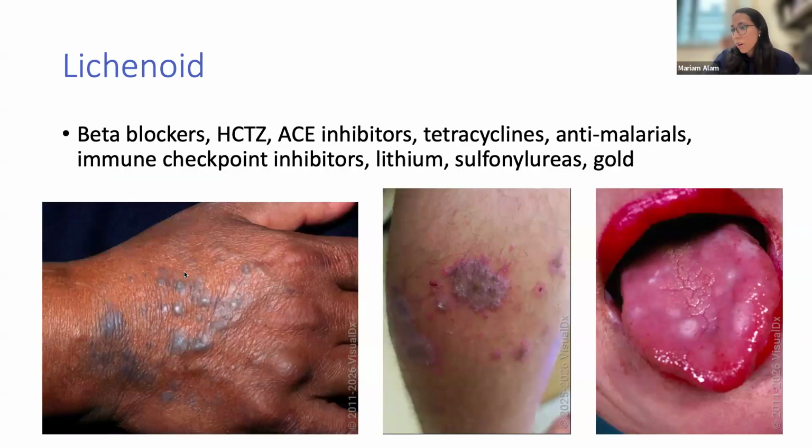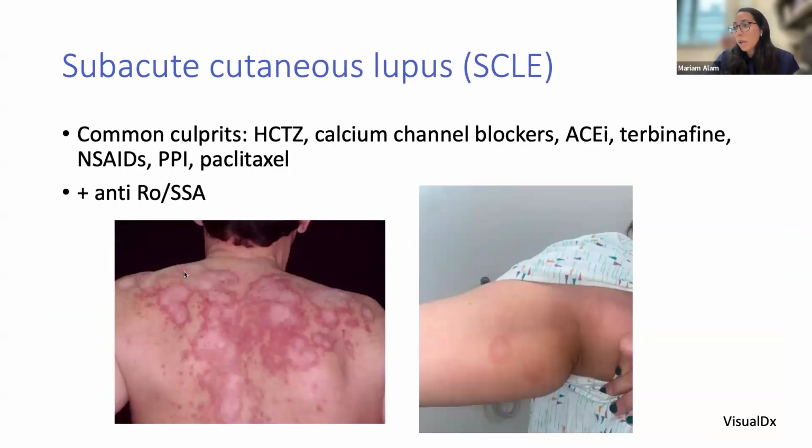This is an example of lichenoid drug reactions. Beta blockers, hydrochlorothiazide, and ACE inhibitors are the main ones I think of here. You can get both oral or mucosal involvement, like lichen planus, or more cutaneous involvement. Subacute lupus has these ring-like scaly plaques. This is a patient I saw a few weeks ago who had SCLE, and this can be caused by hydrochlorothiazide, calcium channel blockers, ACE inhibitors.